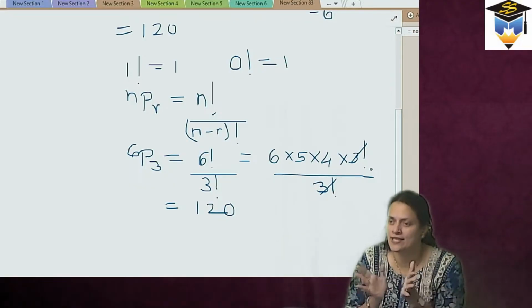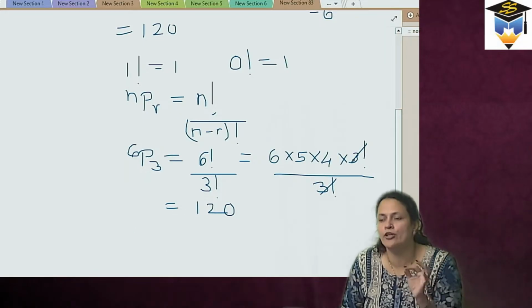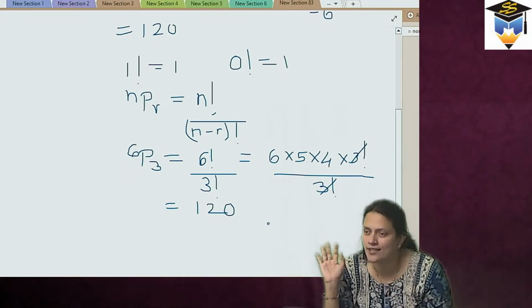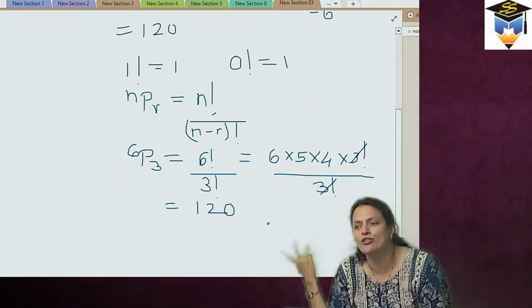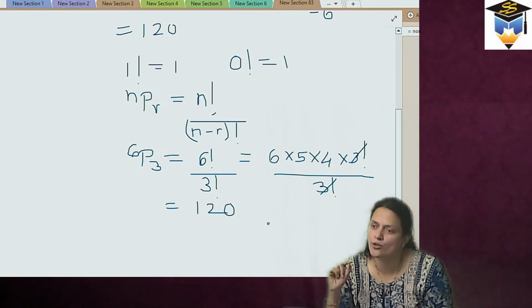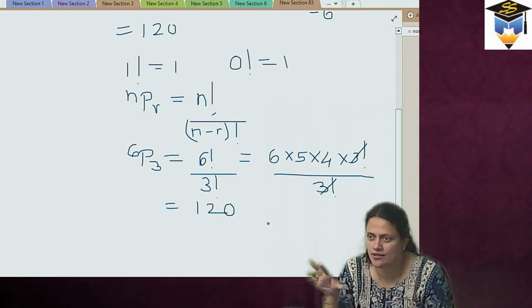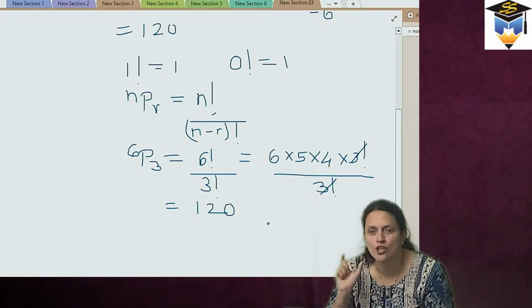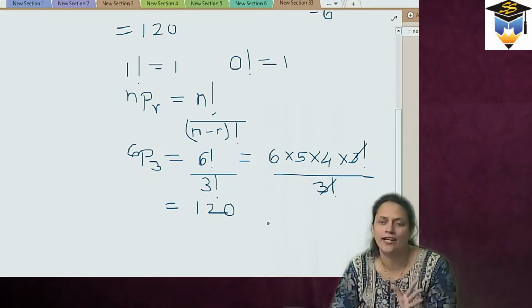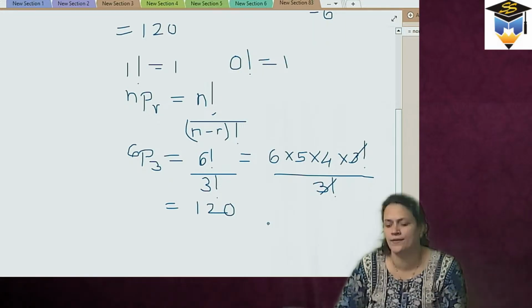So we are trying to minimize our effort. That is why I have written 6 factorial as 6 into 5 into 4 into 3 factorial, so I can straight away cut the 3 factorial. I have not gone to 2 factorial and 1 factorial. Okay? So the value is 6 into 5 into 4. Even if we calculate the total, we get the same, but generally when we solve, this technique is used. So I told you how to write it down. Understood this concept, all of you?